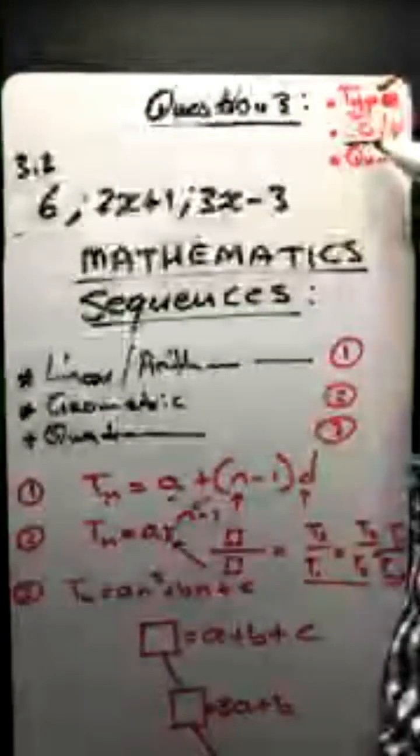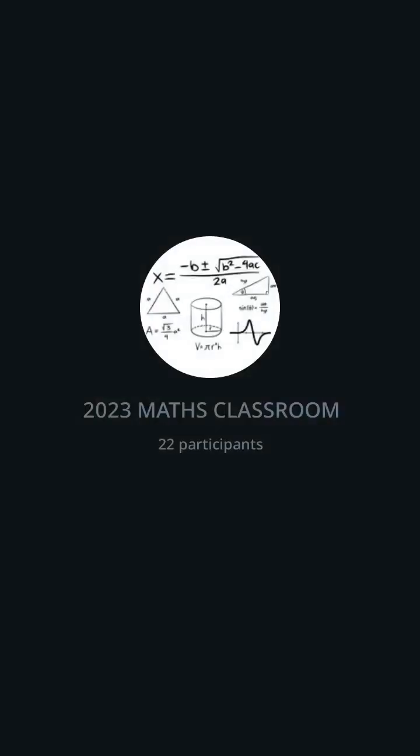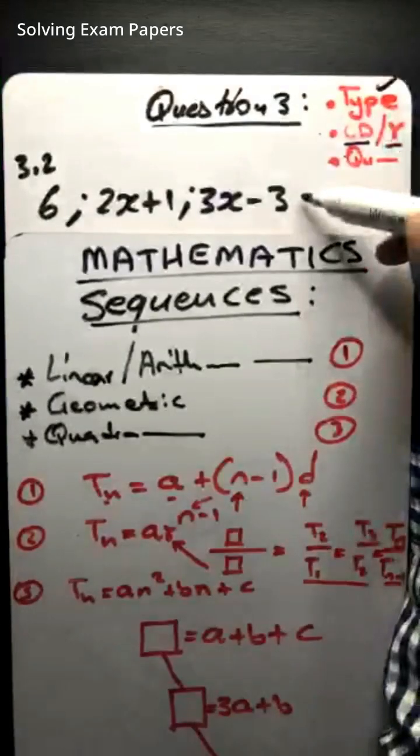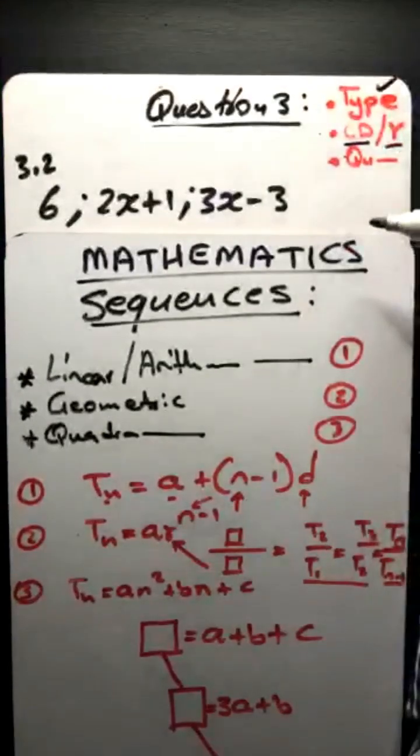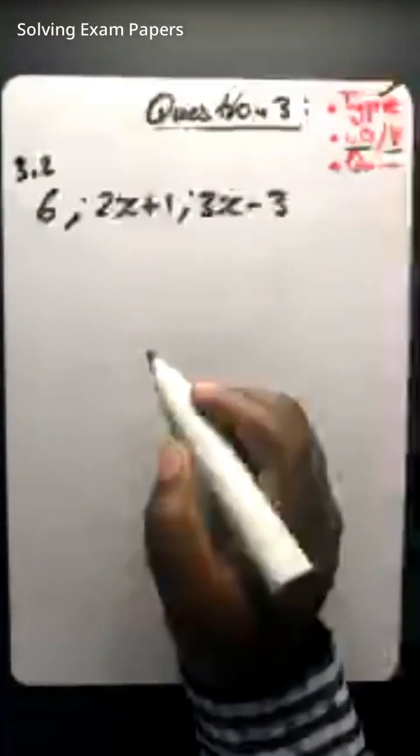Is it the first common difference, or the second common difference, or the ratio that we find under that type, linear? It is the first common difference.